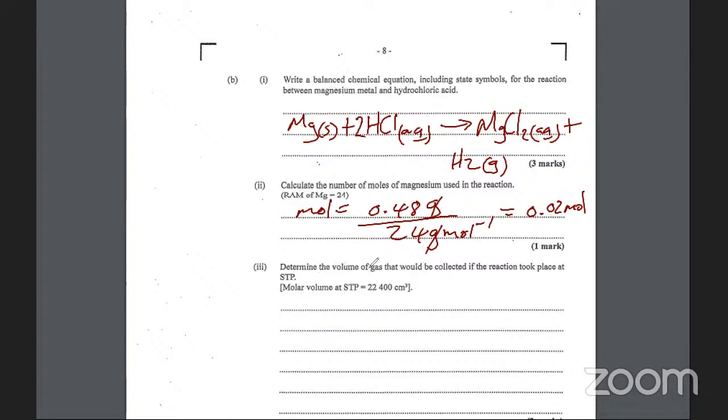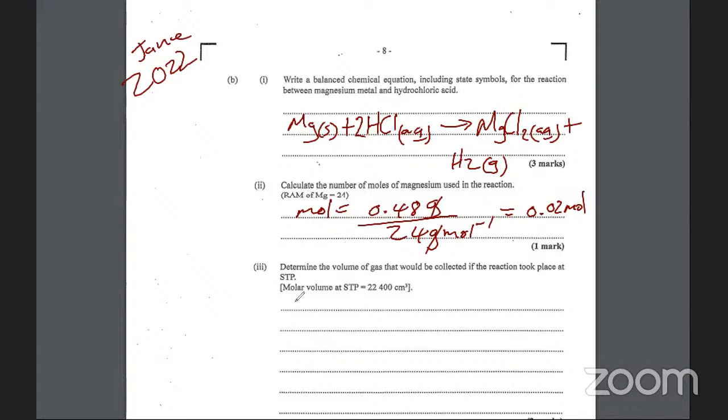And it says determine, this is the 2022, by the way, the volume of gas that would be collected if it took place at STP. Volume of gas here would be hydrogen gas. So you have to use the moles of magnesium to get the moles of hydrogen.